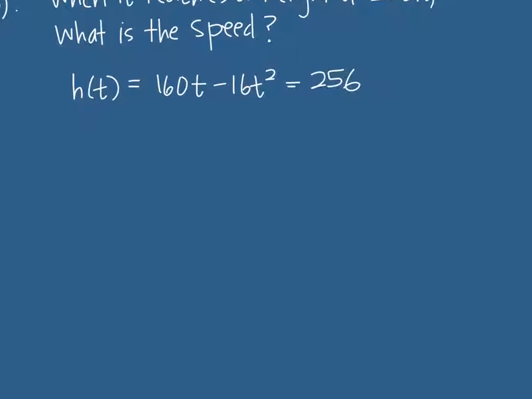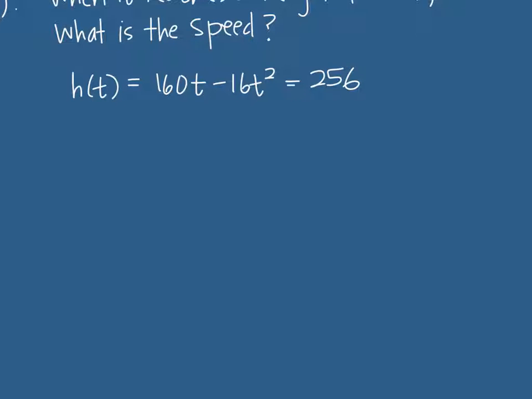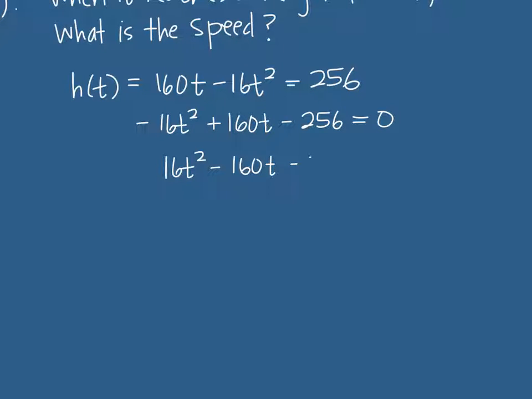Now here's where some of you, your algebra failed you a little bit on the last quiz. You forgot that squared things have to be set equal to what number before you can solve? We need to set this equal to 0 first. So we have negative 16t squared plus 160t minus 256, equal to 0. I don't like negative numbers, so I'm going to multiply everything by negative 1. I do notice that this can be factored.